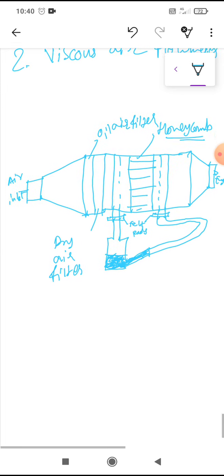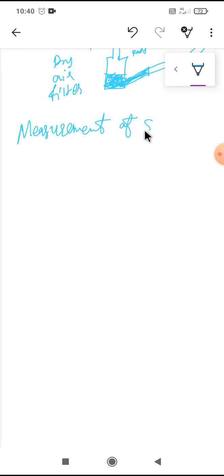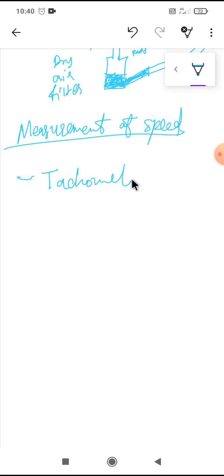Now the next measurement is the measurement of speed. The speed of the engine can be measured with the help of what devices? The tachometer.